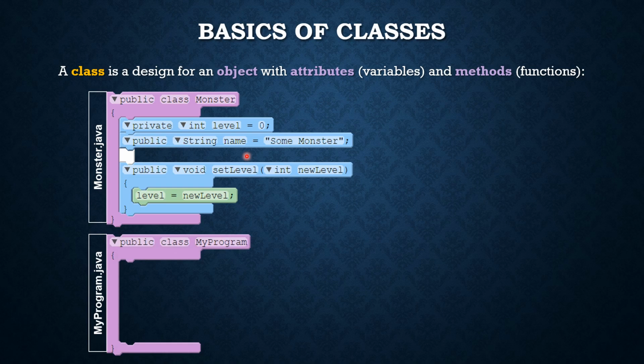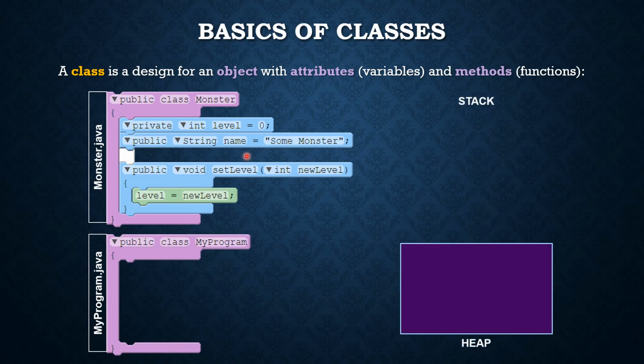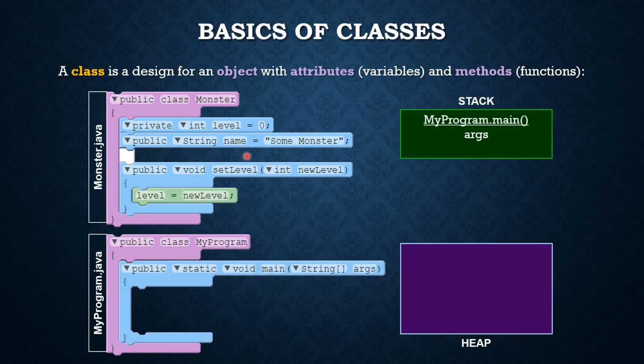Again, we have a simple public class myprogram, and in it we define a new void main method in which we create an object of type monster. The common convention to create an object of a particular class is to use the class name followed by an object name.